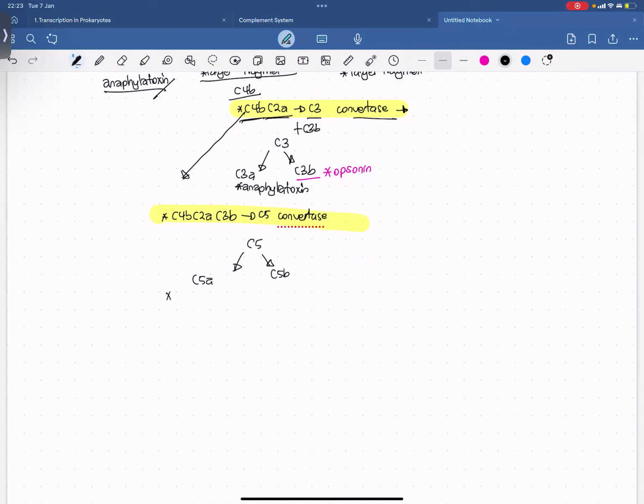I think you can see another anaphylatoxin has been formed. And then C5b is going to bind to those other proteins I showed you that don't participate in this whole cleavage.